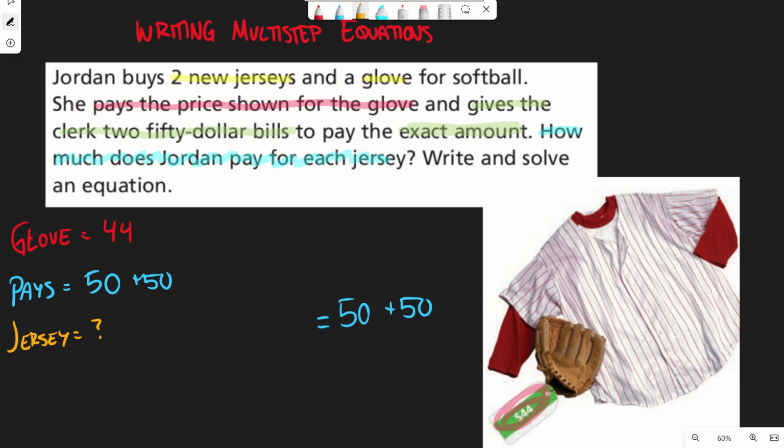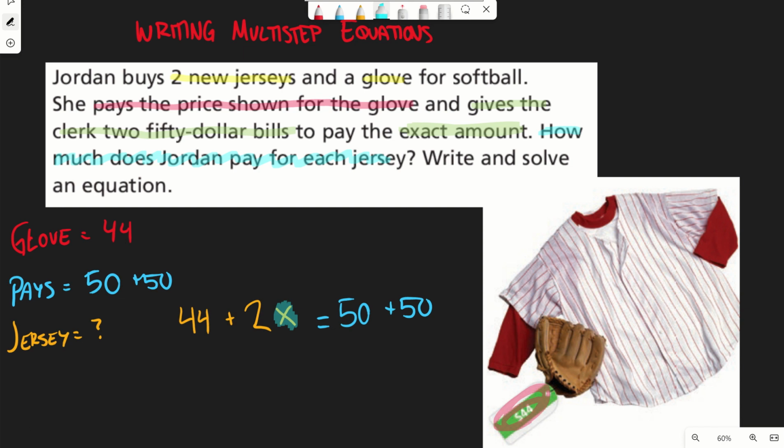And so we know that we have a glove that was $44 and also 2 jerseys, but we don't know the cost of those. So we're going to put an X here. This X is our variable. Variable just means a missing value, right? So variable means it's something that is unknown, and we need to figure out what is known. Okay, so we need to solve for X to figure out what is known about this equation.